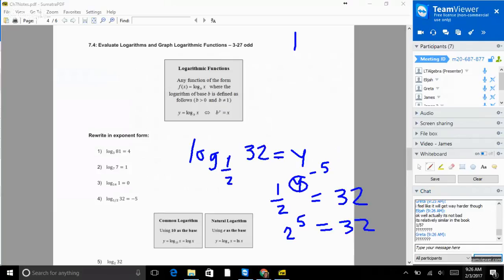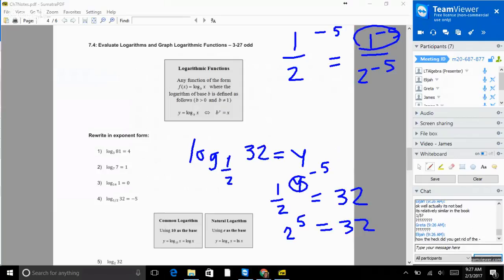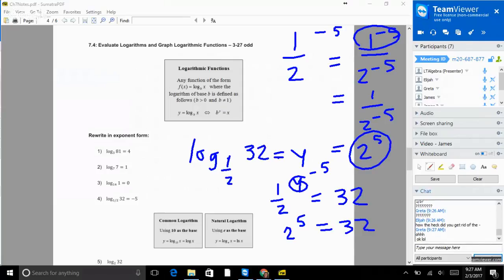Okay, if I have 1/2 to the negative 5th power, I can rewrite that as 1 to the negative 5th power over 2 to the negative 5th power. 1 to the negative 5th power just becomes 1, over 2 to the negative 5th, right? And then when we have a negative exponent, we can flip it to positive by moving it from the denominator to the numerator. And then I get 2 to the 5th power. Sorry, that wasn't very well explained.